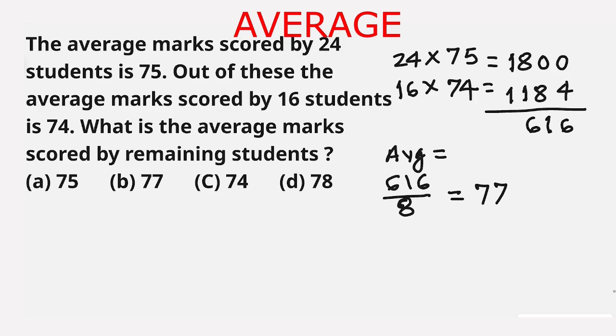So the average marks scored by remaining 8 students is 77. And from the given options, our answer is option B 77. I hope you have understood the method of solving such type of questions. We go to the next question.